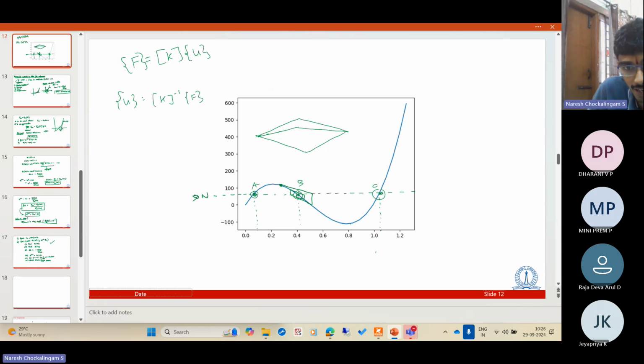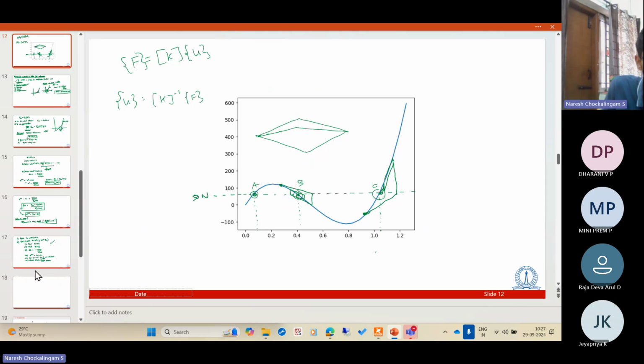Similarly, if I draw a tangent somewhere here, I will not get to this root, but I'll get to this root. So depending on where I start, because there are multiple roots, I'll get to any one of them. But I want to get all of them, right?